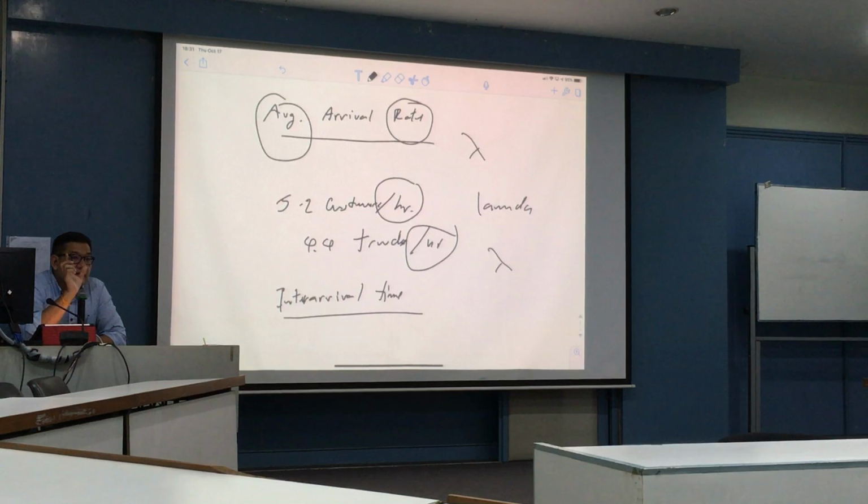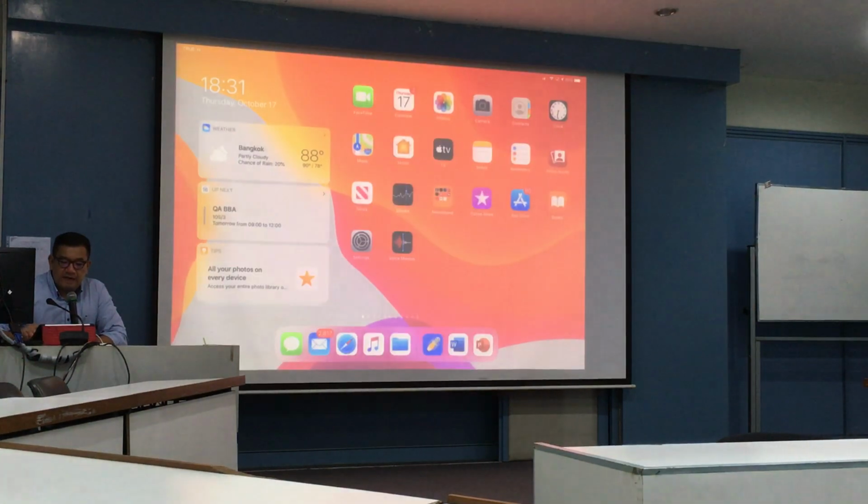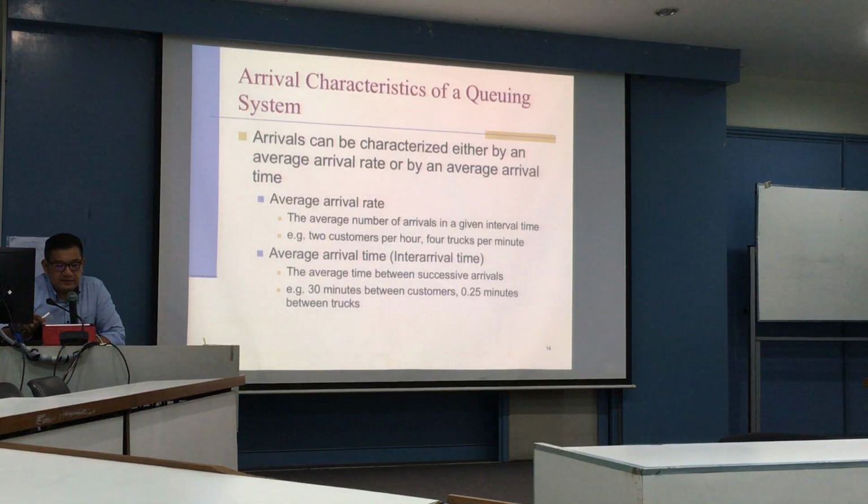It is the same meaning, but if you get the information as an inter-arrival time, you need to convert it to a rate before you substitute it into the formula. This is a very important thing that you need before you analyze.